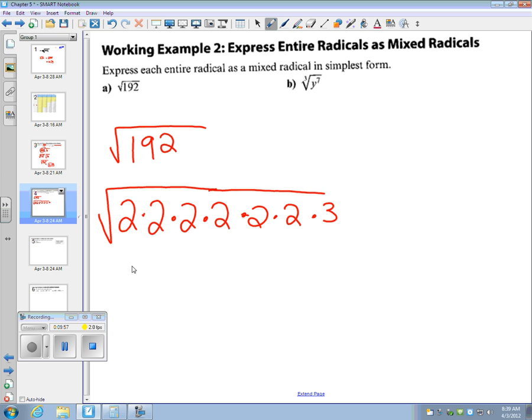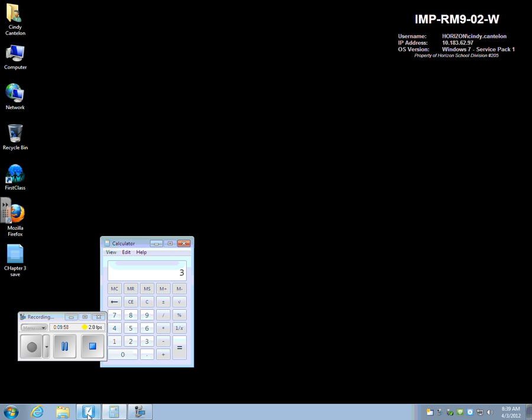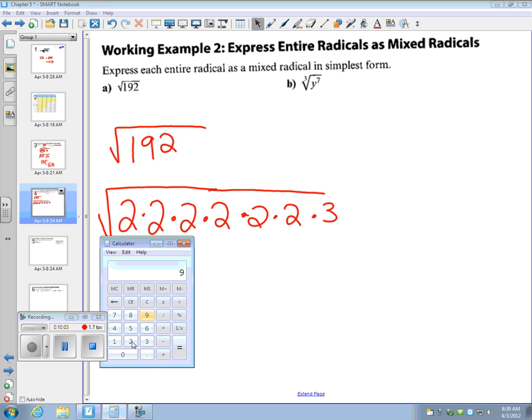And how they did that is they just took their calculator and divided 192 by 2, and so on: 1, 2, 3, 4, 5. They said, oh look, I got six 2s and then a 3 was left.